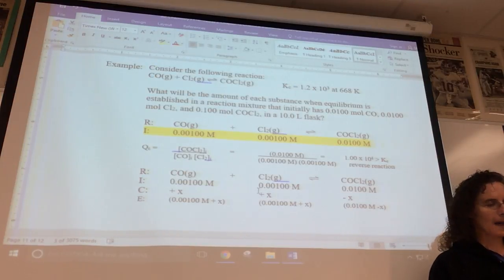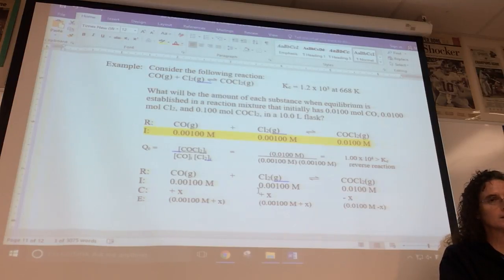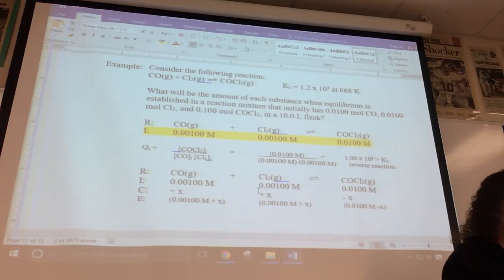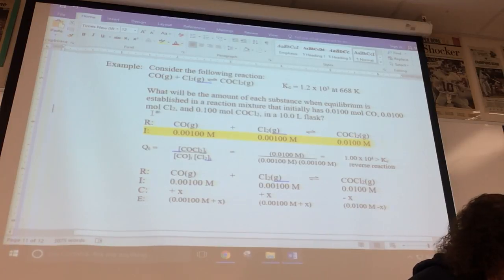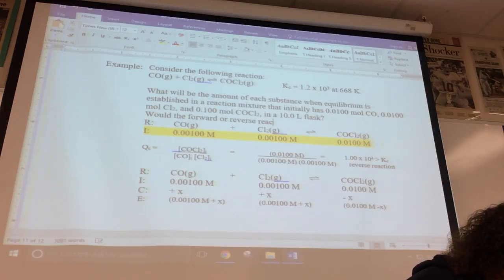Instead of the question reading that way, I think what you're going to be more apt to see, and this really is going to link into our solubility equilibria a little later on, so it'll be a good push in that direction, is the type of question that you might see would simply be, would the forward or reverse reaction be favored, justify your choice?